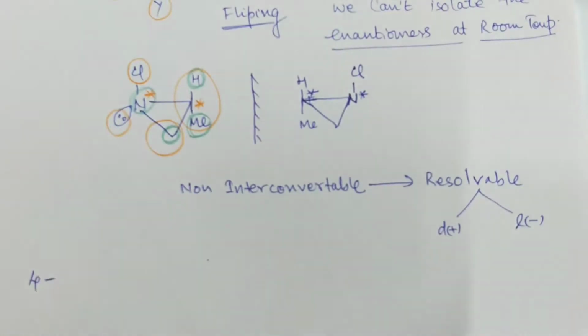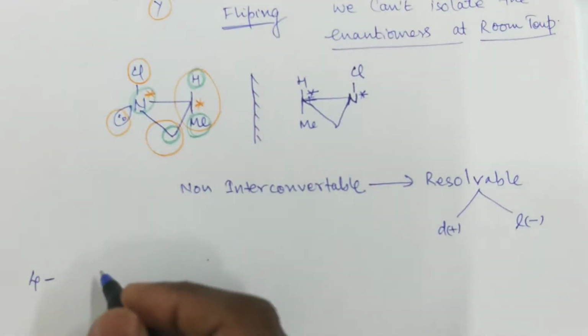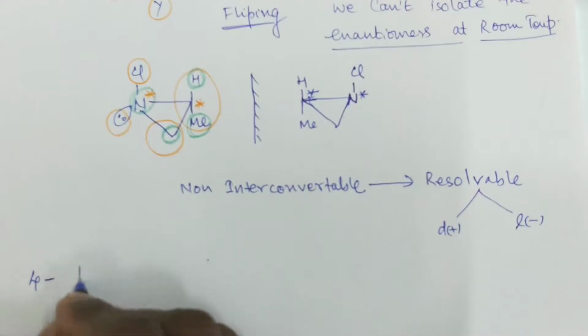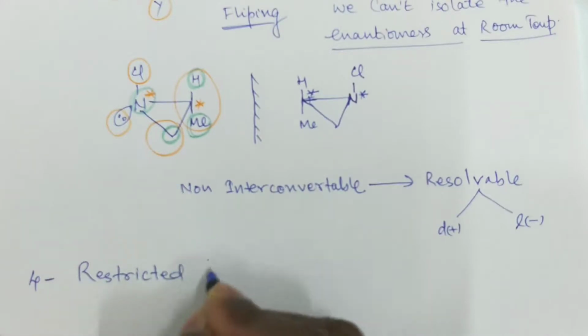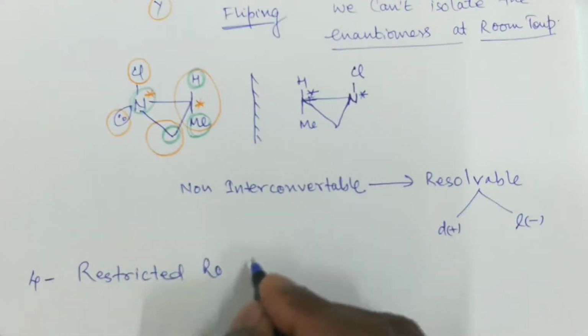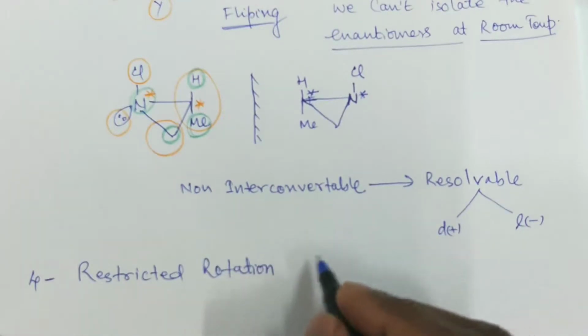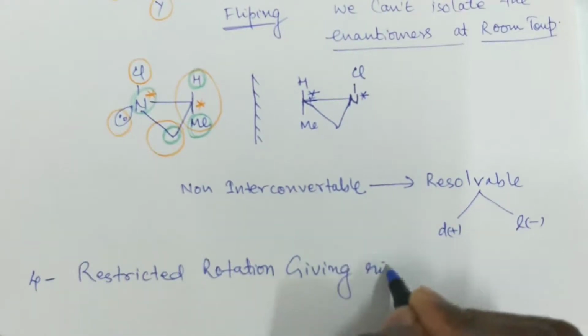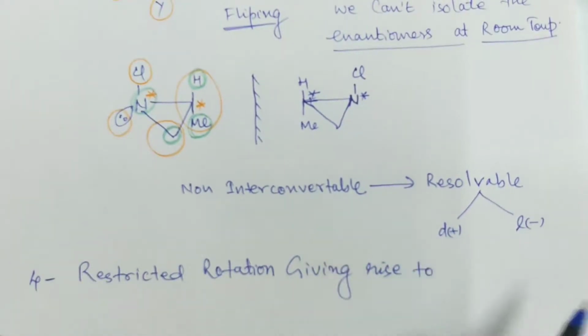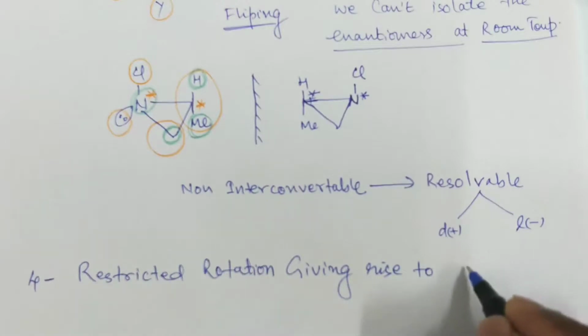Now the fourth category, this is very interesting. Restricted rotation giving rise to perpendicular dissymmetric plane.